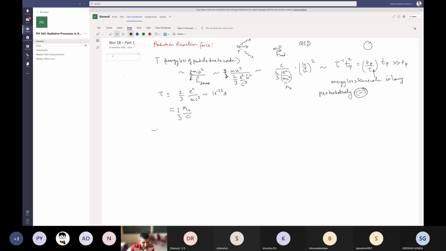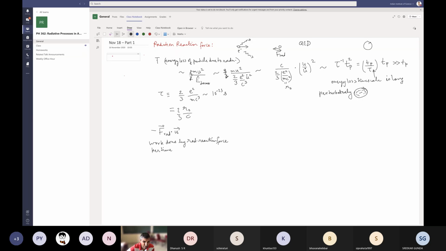Okay, so let's say minus F rad dot u is the work done by the radiation reaction force per unit time, right? So this force will retard, will slow down the particle.